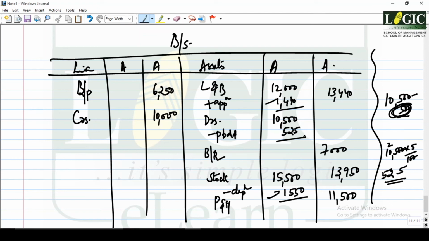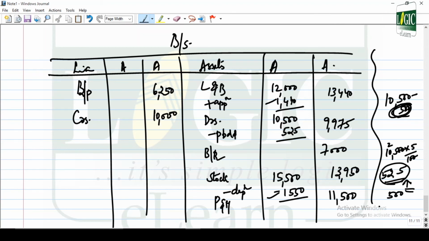So how much? 10,500 minus 525 is 9,975. But when we go to the revaluation account, there is no need to provide this 525 again. Already you have a 500 provision, so the provision should increase by 25.